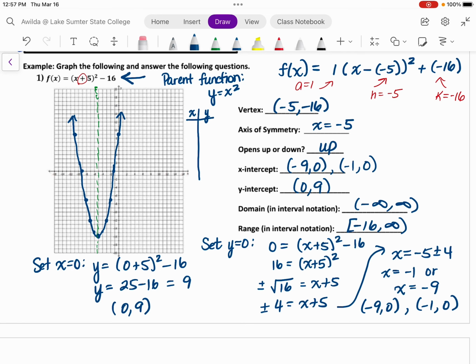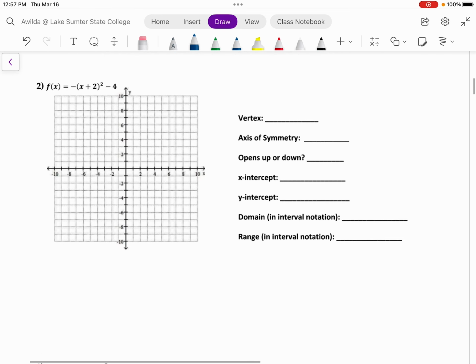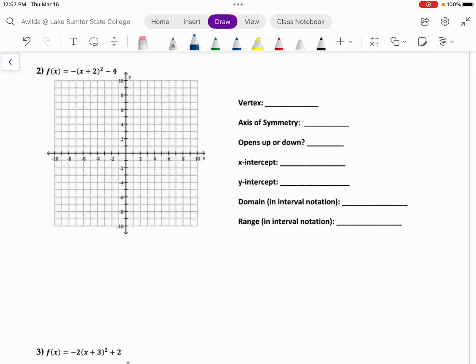Let's work out a similar example. Here we have f of x is equal to the opposite of (x plus 2) quantity squared minus 4. Again, I want to write this in terms of what a, h, and k stand for.